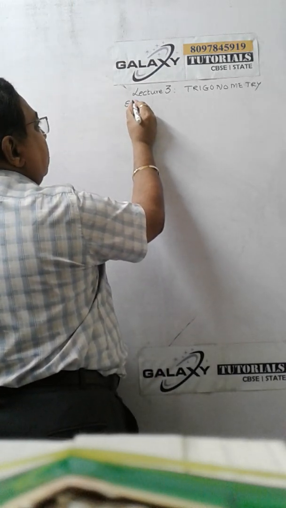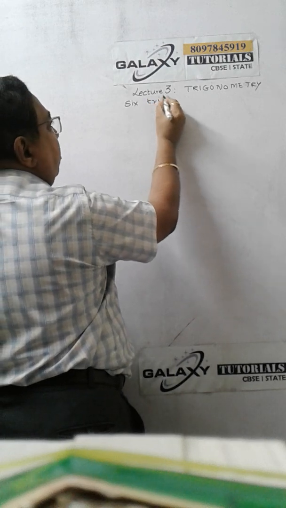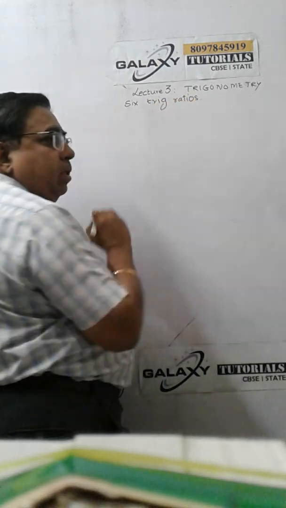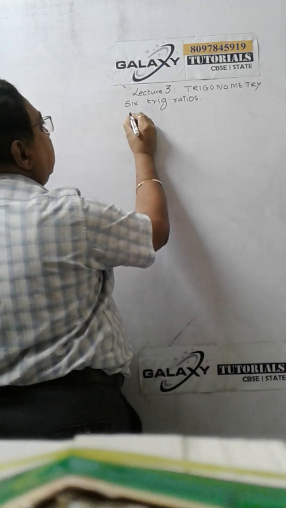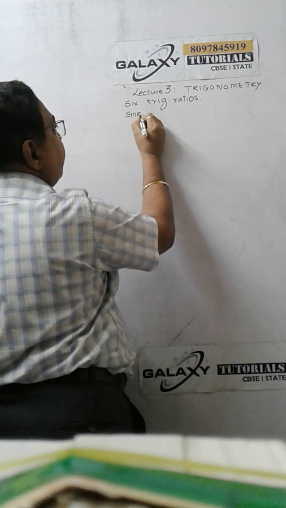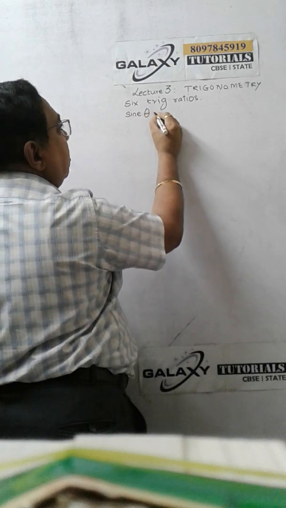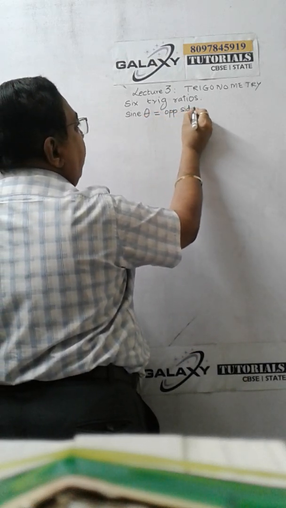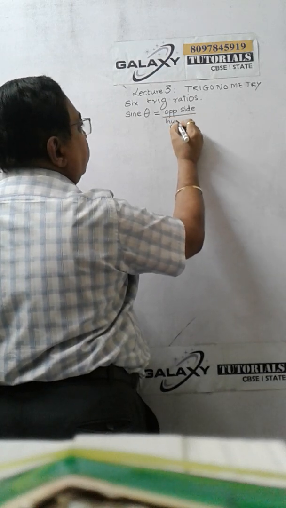Remember 6 trigonometric ratios. They are: sine theta is defined as opposite side upon hypotenuse.